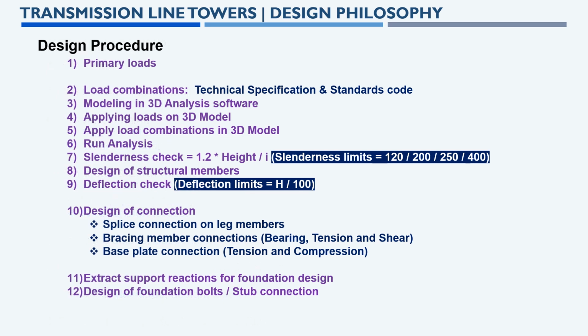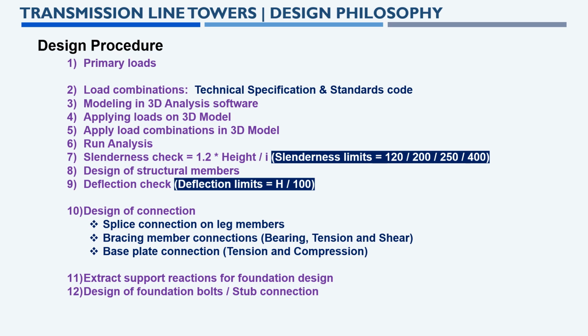The design procedure comprises primary loads, load combinations as per technical specification and standard code, modeling in 3D analysis software, applying loads and load combinations on the 3D model, and running the analysis. Slenderness check is to be done using the standard code of practice. Generally it is 1.2 times height divided by r, where r is the radius of gyration.